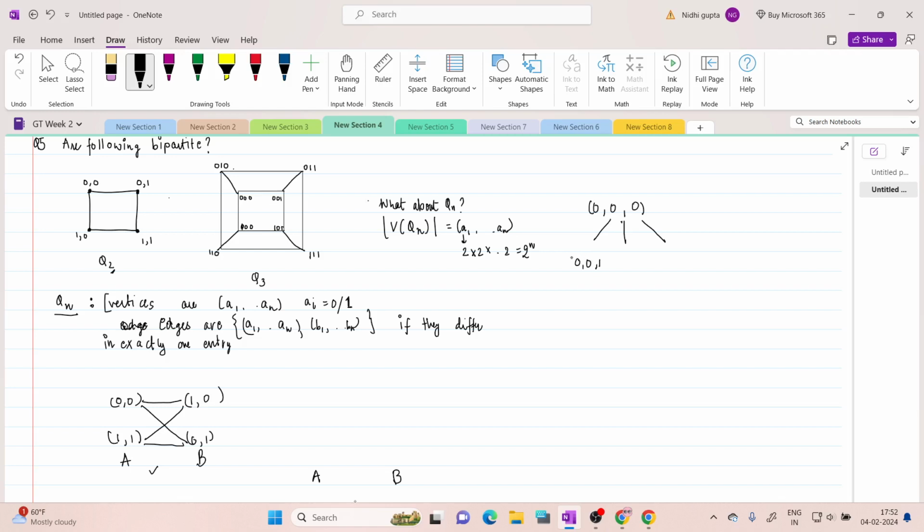We are only allowed to change one entry, so 0 0 1, 0 1 0, and 1 0 0. See, 0 0 0 has three zeros, but all the others have two zeros.